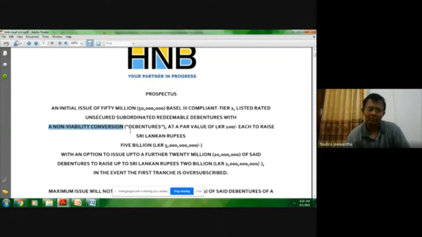For example, if this particular bank is not able to meet the capital adequacy ratio prescribed by the Central Bank of Sri Lanka at a later date, then the trigger point has arisen. Then you have to convert into shares. So that option is anyway available. We'll be learning this later, the convertible and callable option.